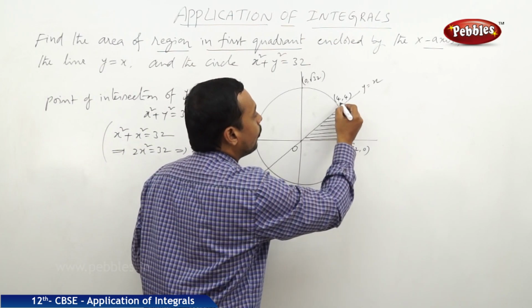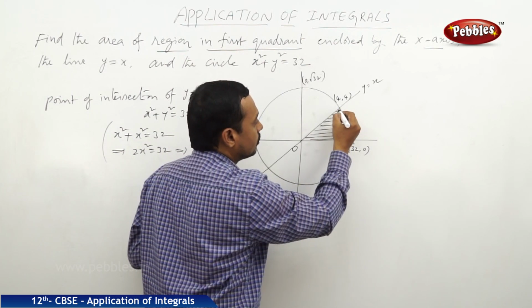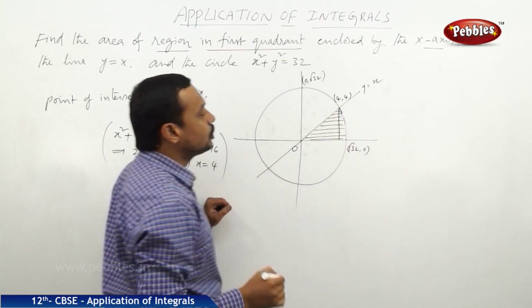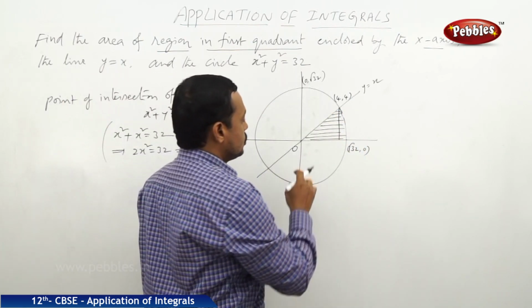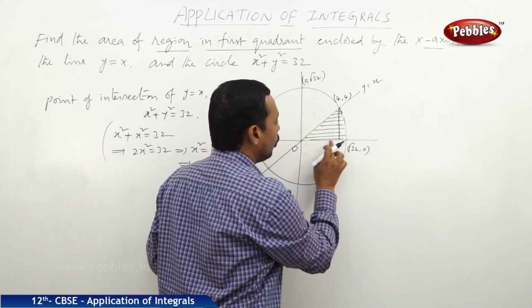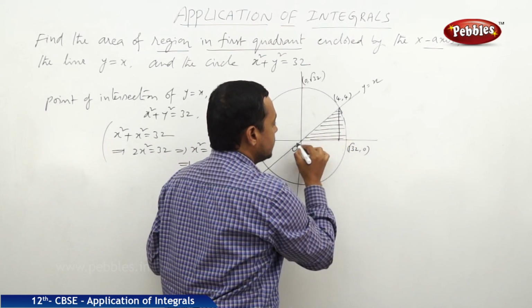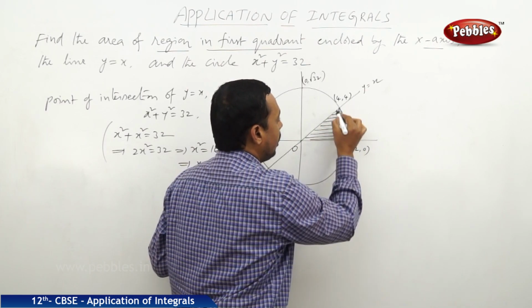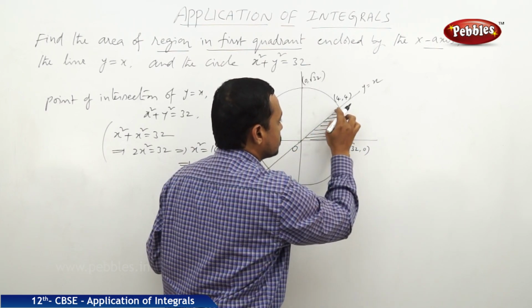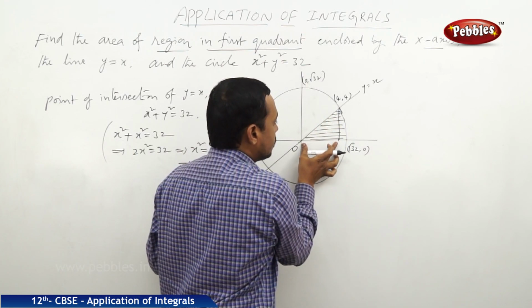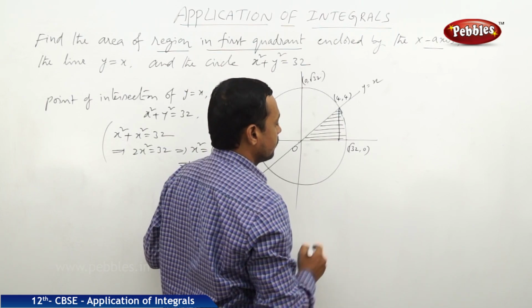Now at the point 4 comma 4 we can define two portions. So between 0 to 4 here it is a straight line. The area of the region bounded by the straight line between x is equal to 0 and x is equal to 4 with the x axis.